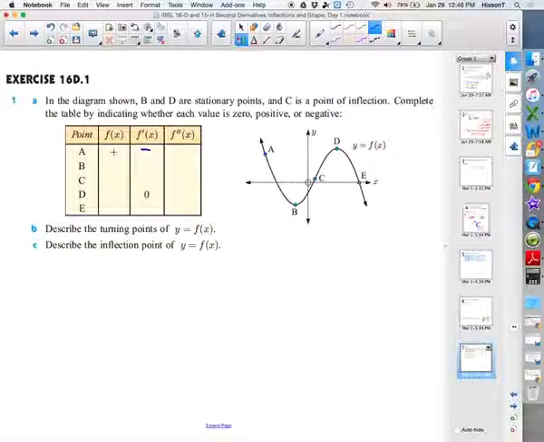I'm decreasing, so that'll be a negative. And then, is this concave up or concave down at this point A? Up. It's concave up, so that's going to be a positive. So just try to think through that and do the best you can with that, and then we're going to use that and relate it to our graph, okay?